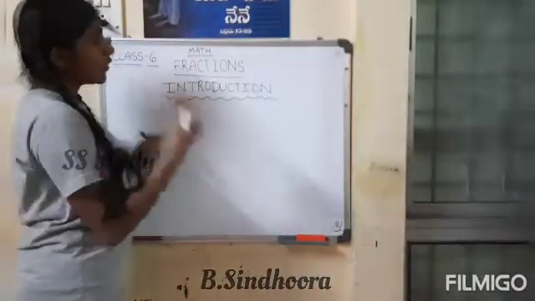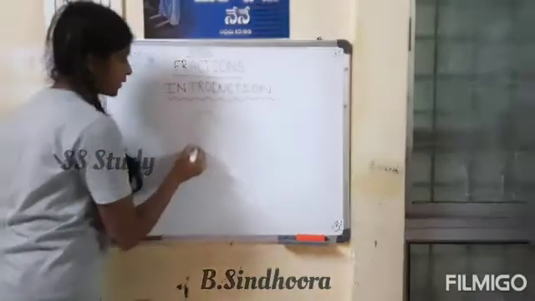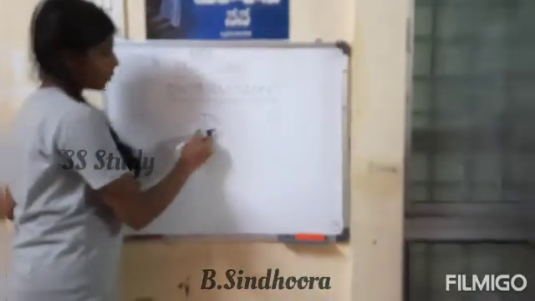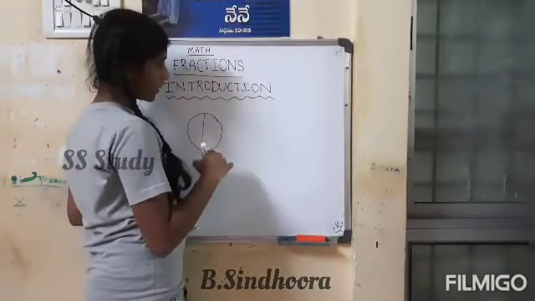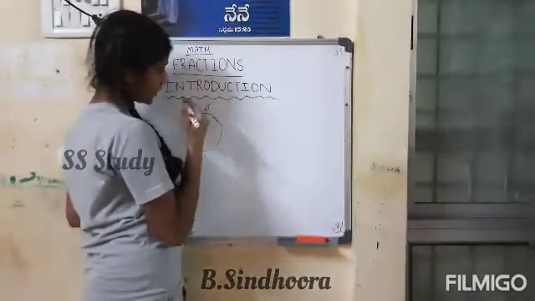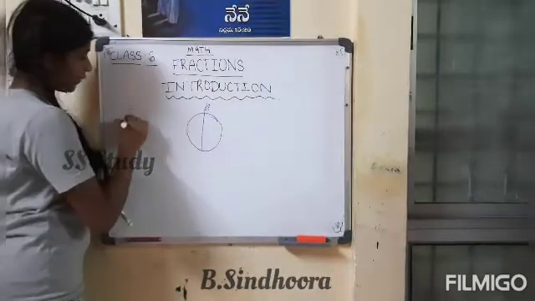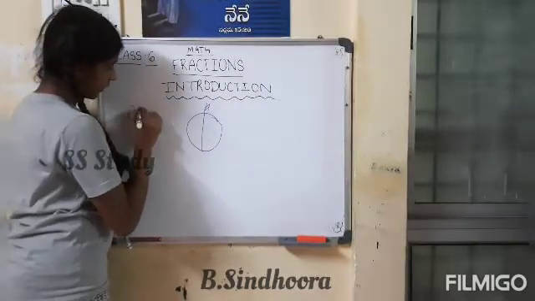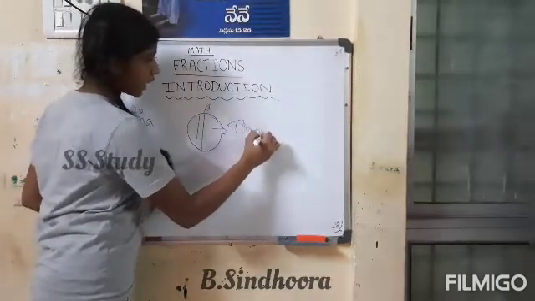So first, what are fractions? A fraction is a part of a whole. For example, this is a whole which is divided into 2 parts. If this is an apple or orange, Reena took half of it and Tina took half of it.